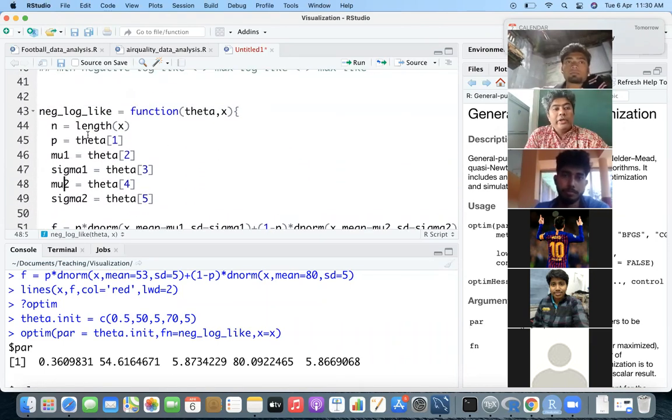At that time, if you give an initial value which is far from the likelihood value, it will throw an error. So one easy way of solving this problem that I typically use is, since theta 1 by default is set on the real line as support, one transformation that you can use is this.